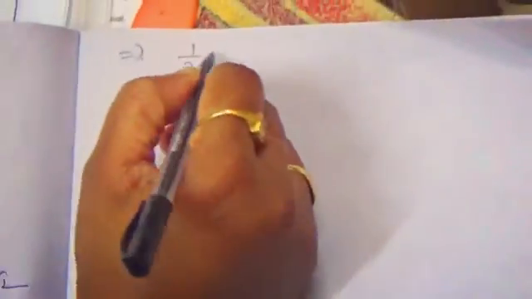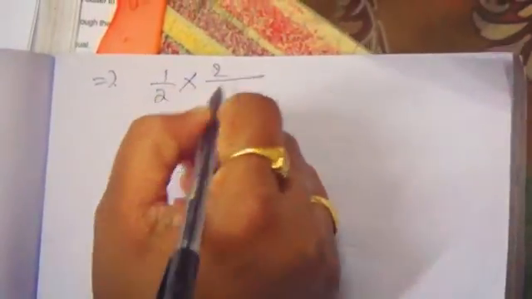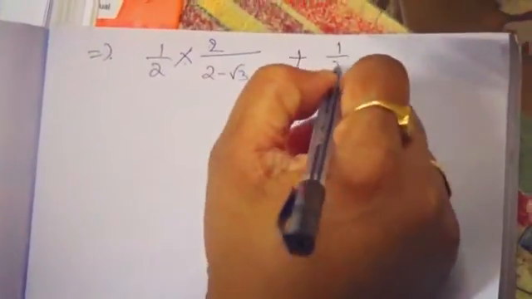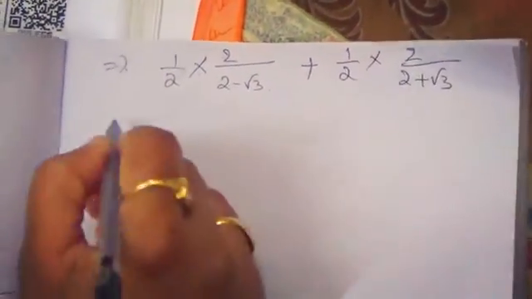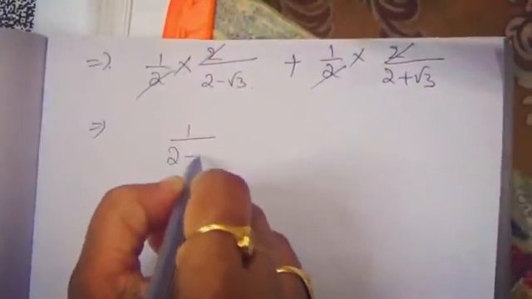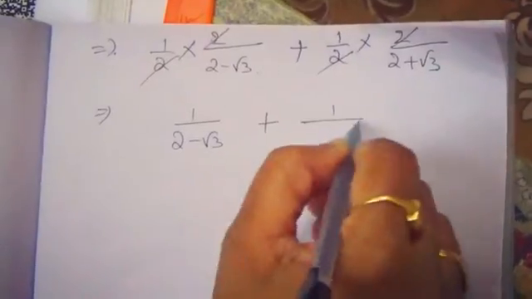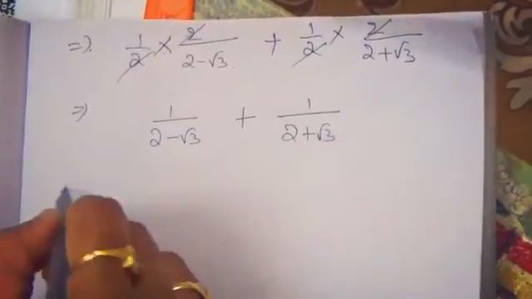So taking the reciprocal of this denominator: 1 by 2 into 2 by 2 minus root 3, plus 1 by 2 into 2 by 2 plus root 3. Here 2 cancelled, here 2 cancelled. 1 by 2 minus root 3 plus 1 by 2 plus root 3.